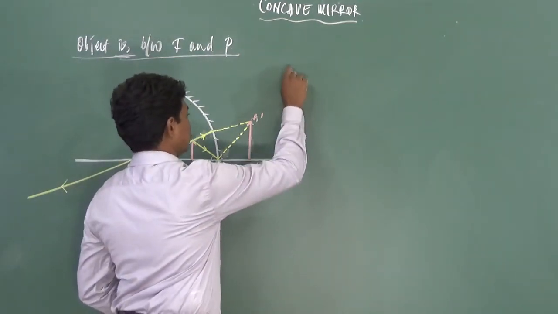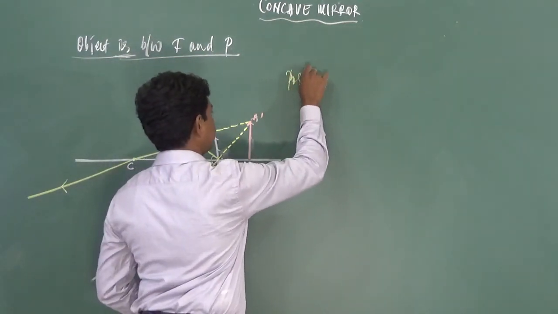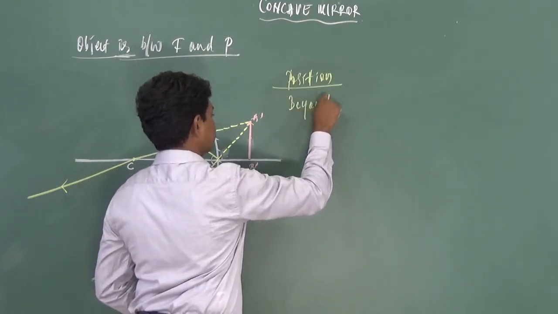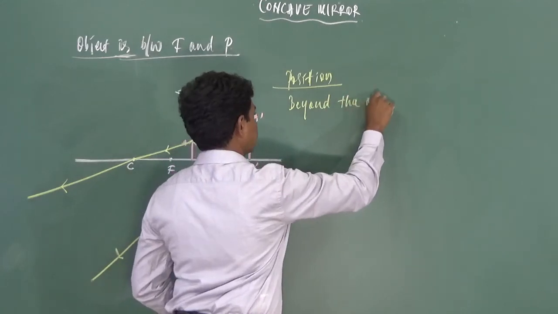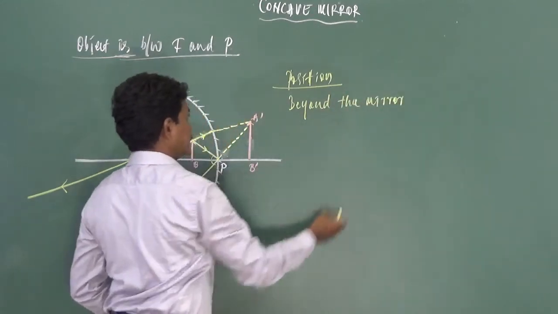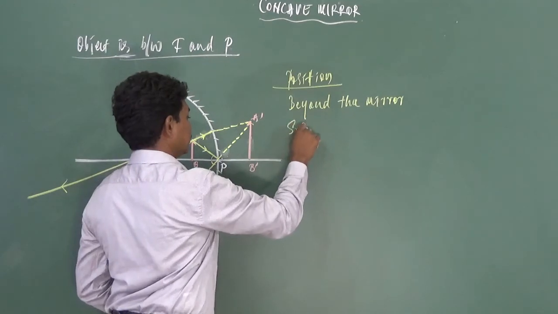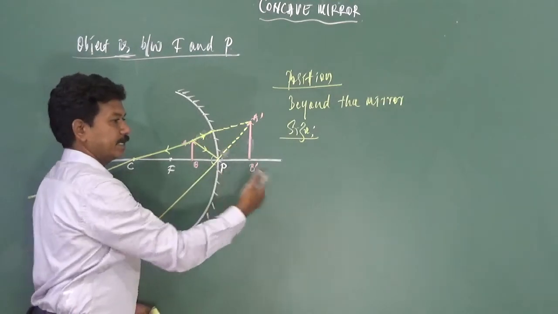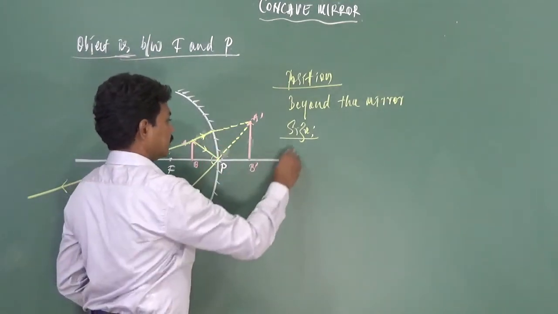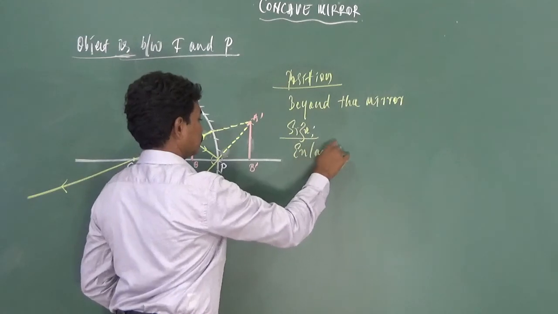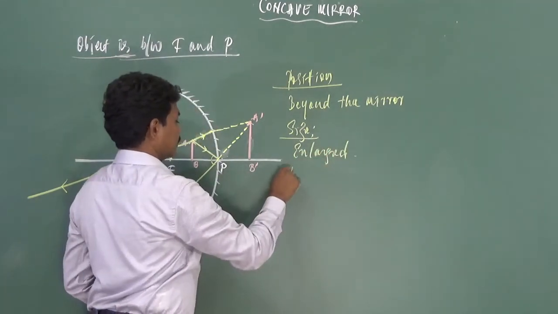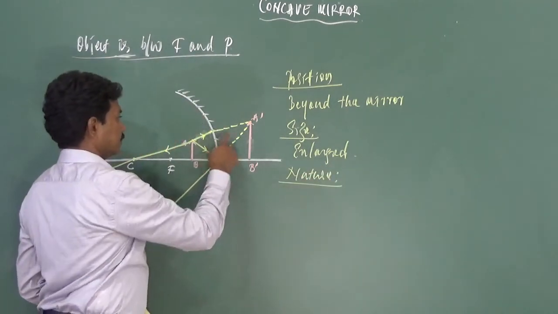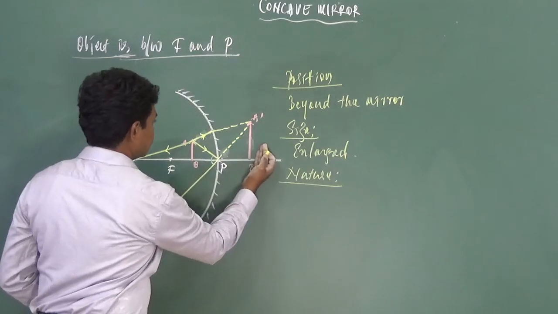So let's go with the position. According to the position, it is beyond the mirror, or behind the mirror. Let us go with the size. When you compare the size of the image with the size of the object, it is enlarged a little bit more than the object. Then we will go with the nature. The image is formed behind the mirror.